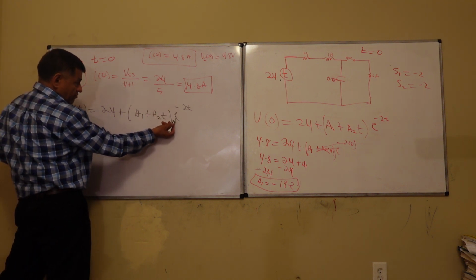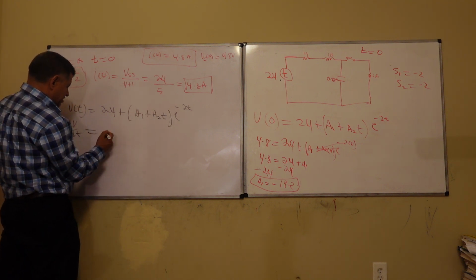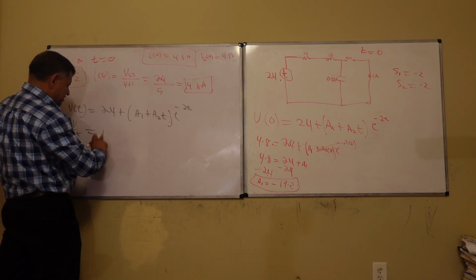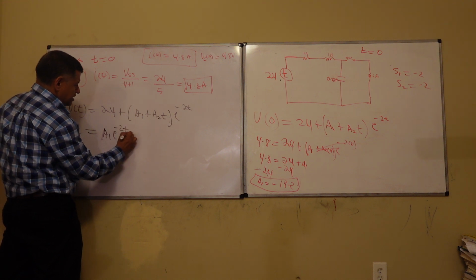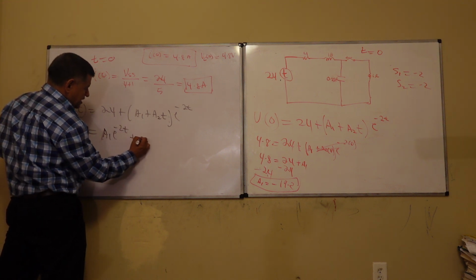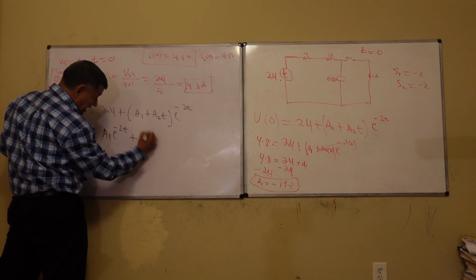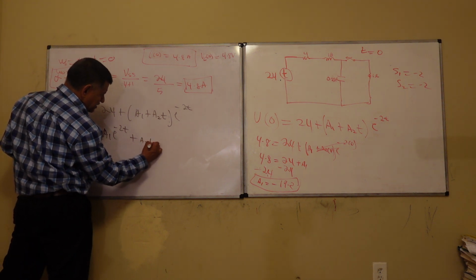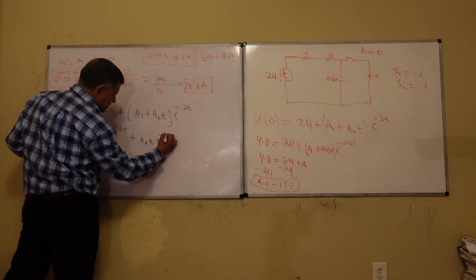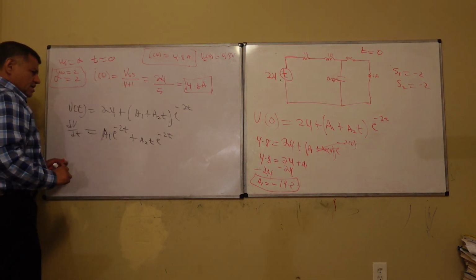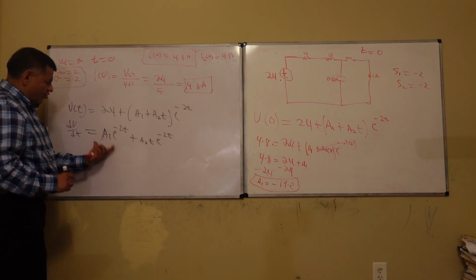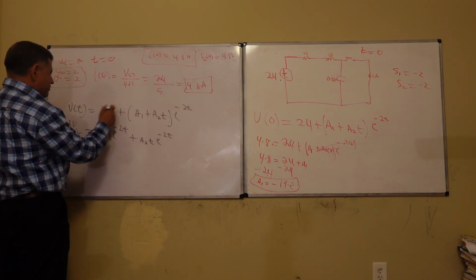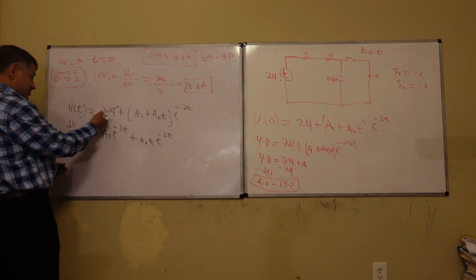So multiplying this guy right here is equal to A1 e to the -2t plus A2 t e to the -2t. I have not taken the derivative yet, I am going to now. I just multiplied this, and I cancelled that because the derivative of that is equal to 0.